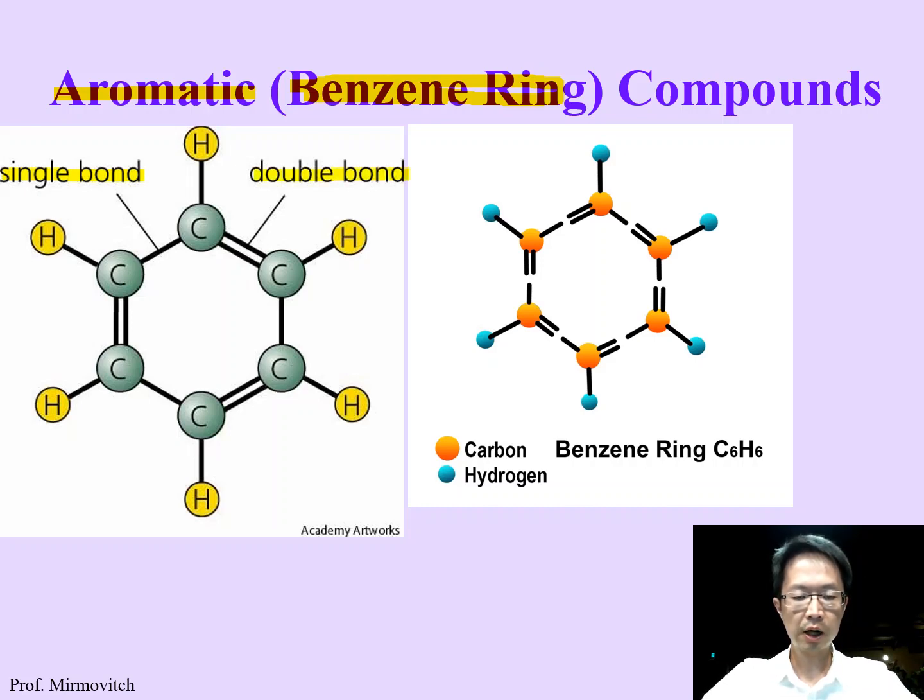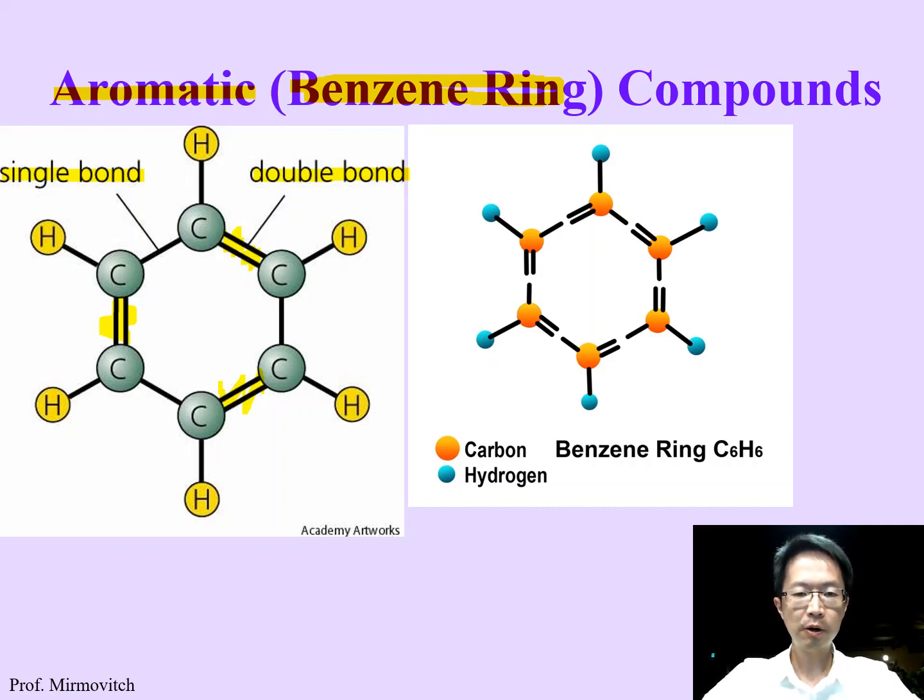And they only have 6 hydrogen and 6 carbon. The reason is that they form double bonds between carbons alternately, so that each carbon still forms 4 covalent bonds.